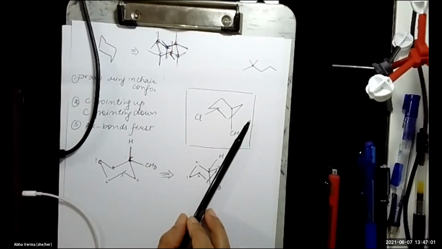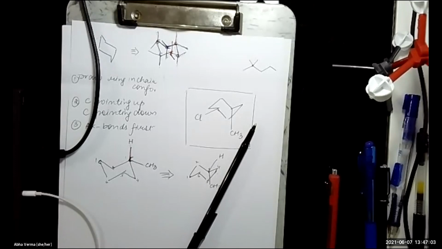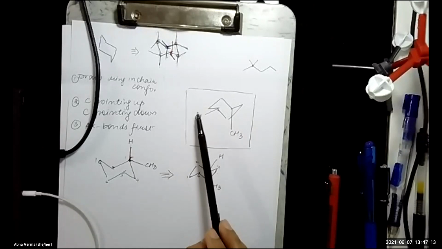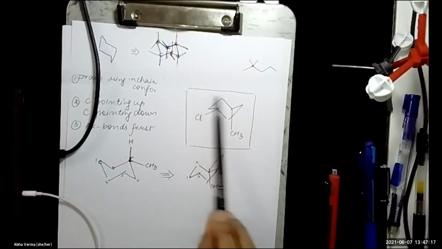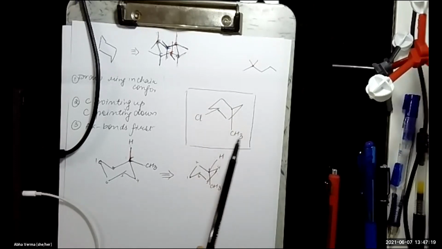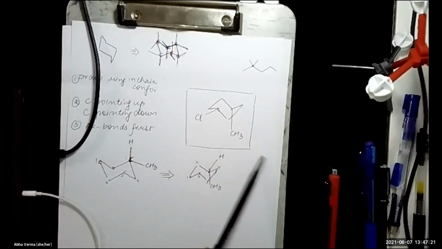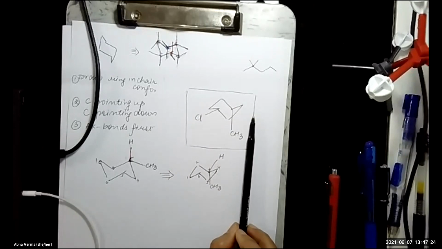Which of these has been placed on an equatorial side? And I'm going to open up the poll now. You will have 1 minute to complete this poll. So again, I'm repeating the question. For the compound shown in this box, which of the groups is axial and which of the groups is equatorial?